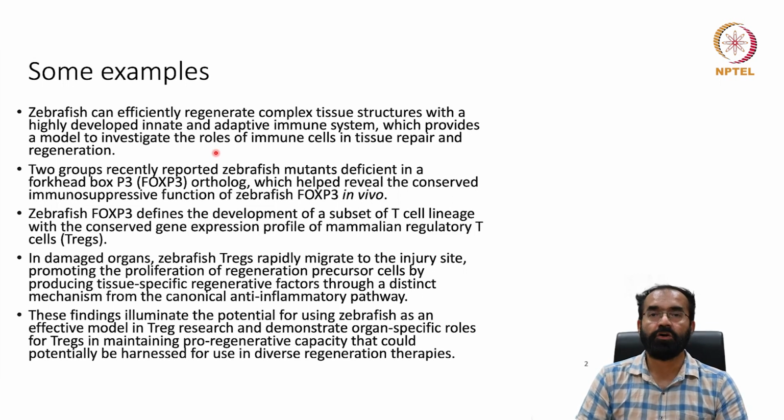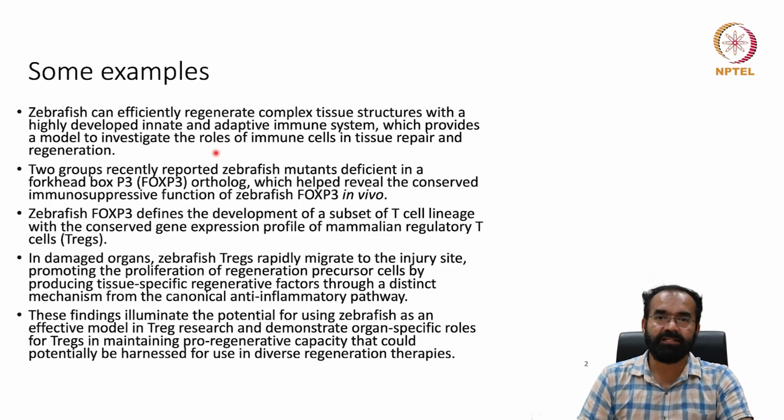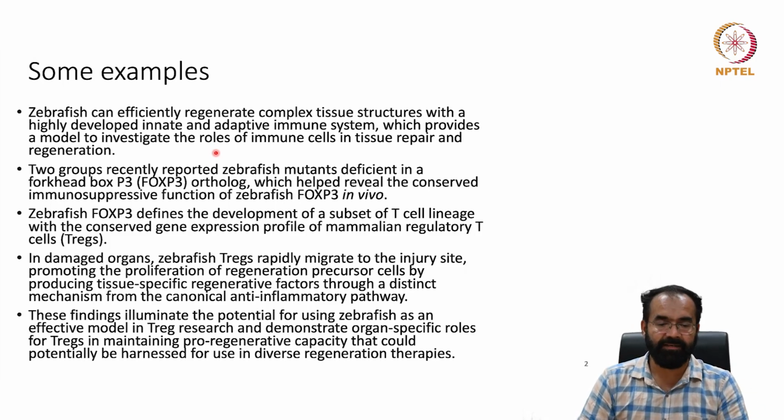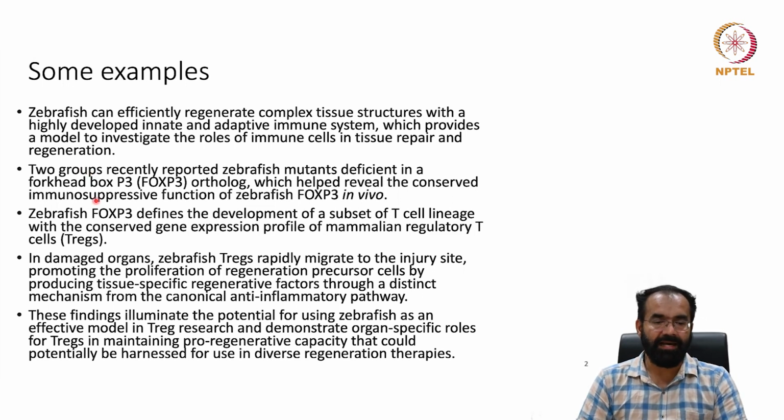So zebrafish not only has that regenerative capacity, but it has a well developed immune system. In other words, if you find some uniqueness in mammal immune system, you will automatically find a homologue. Say you are talking about T-Reg cells, granulocytes, or monocytes. You have similar cells in zebrafish, so that makes it an attractive organism to explore from the immune angle as well.